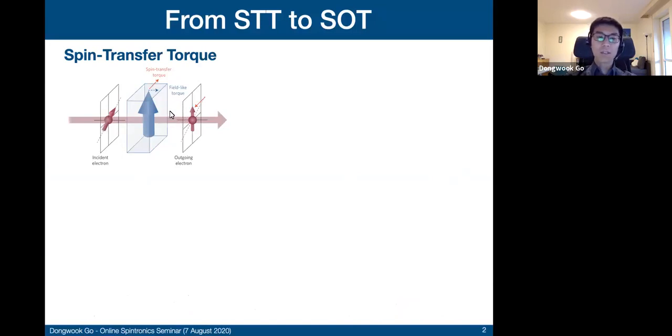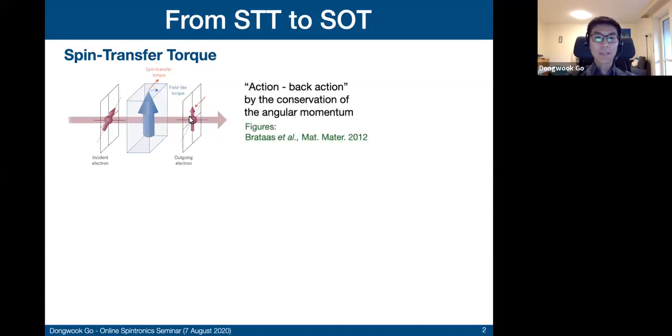After all the spin precession and dephasing, the outgoing electron spin will be parallel to the spin of the ferromagnet. So the outgoing electron spin will be rotated. But we know that the total angular momentum of the system should be conserved. Therefore, there must be a back action on the ferromagnet as well. And this back action torque is called spin transfer torque.